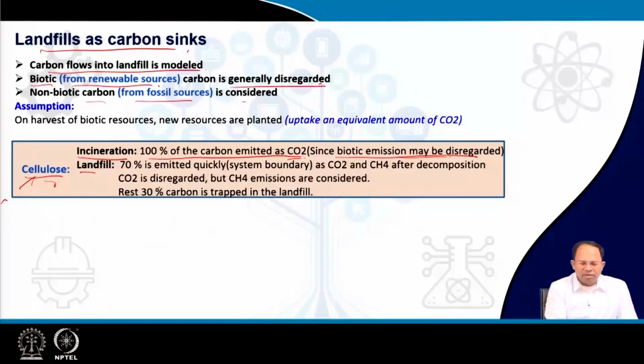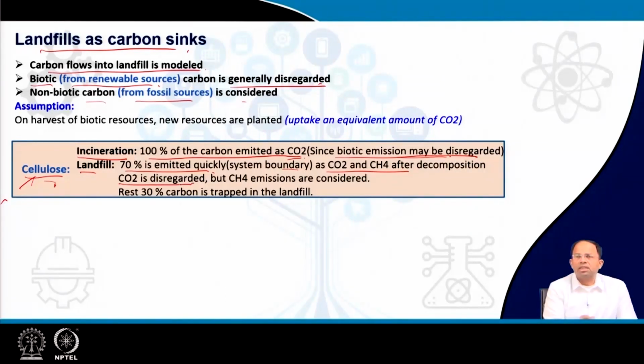Whereas in the case of landfill, 70% is emitted quickly, and the rest takes a long time, beyond my system boundary. Within maybe 5-10 years, 70% is emitted, which is within my system boundary, but after that I am not even capturing the gas, so it's beyond my scope of work. So, 70% is released as CO2 and CH4 after decomposition.